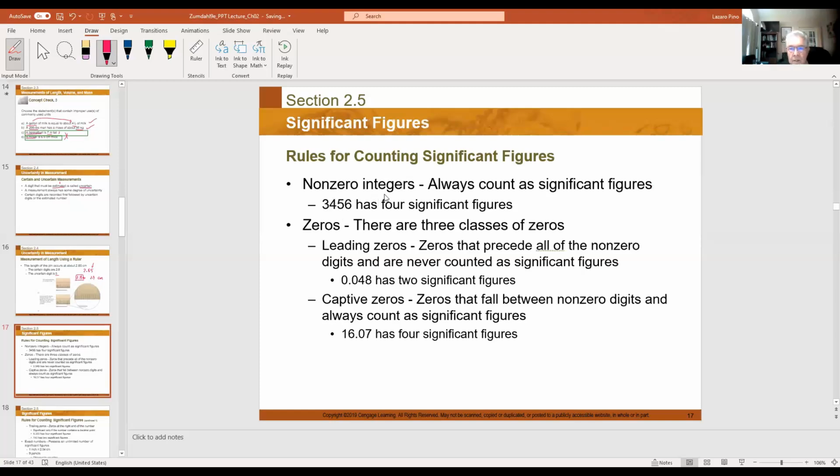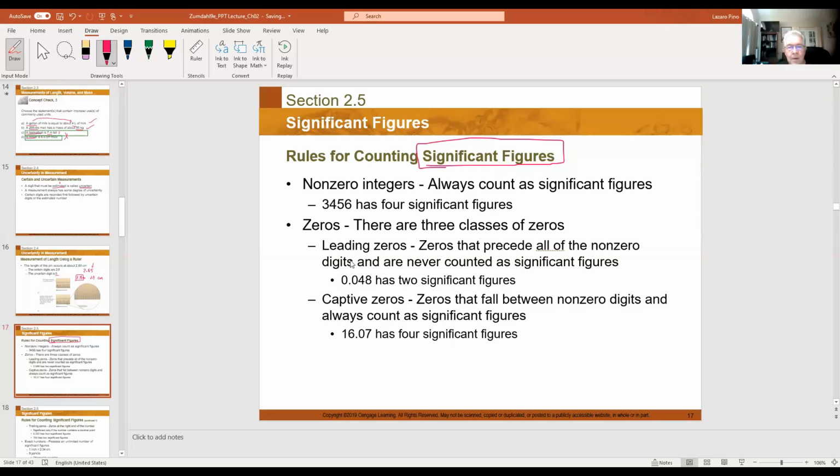Non-zero integers always count as significant figures. What are significant figures? They are the figures in a number that are certain.